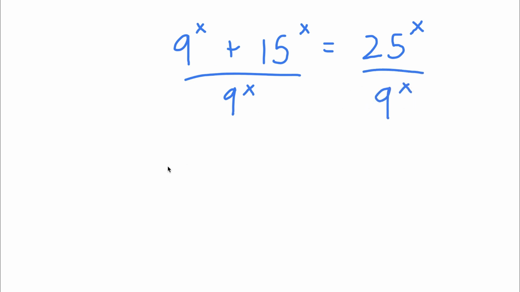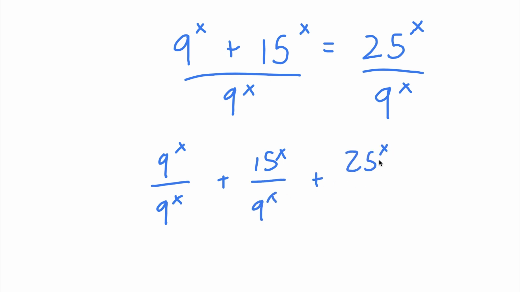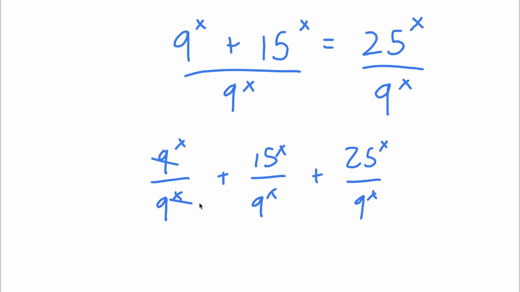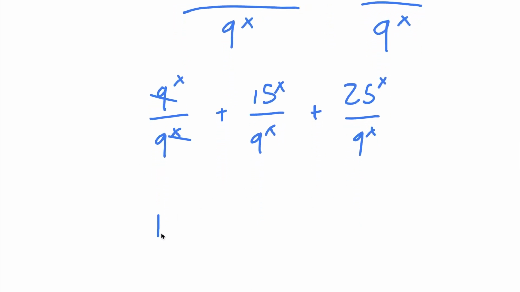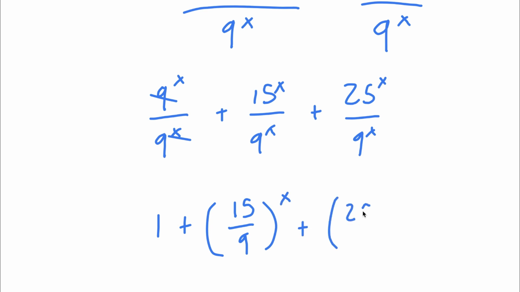So now I have 9 to the power of x over 9 to the power of x plus 15 to the power of x over 9 to the power of x plus 25 to the power of x over 9 to the power of x. Now these two are going to cancel out, 9 to the power of x, 9 to the power of x, so I'm going to have 1 plus 15 over 9 to the power of x plus 25 over 9 to the power of x.